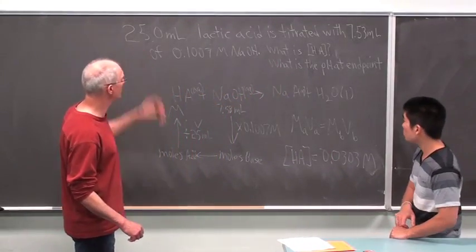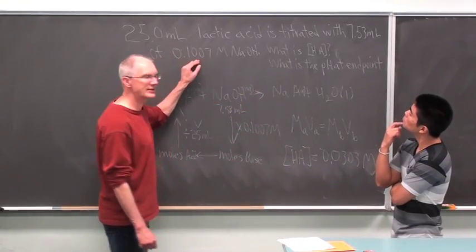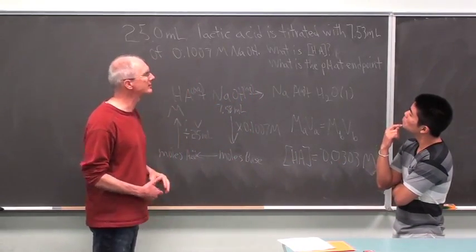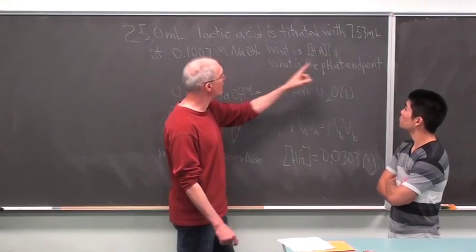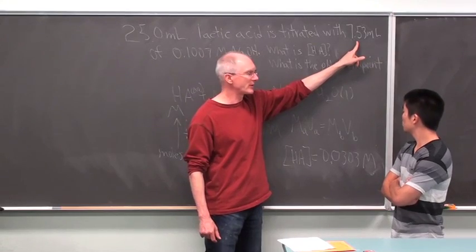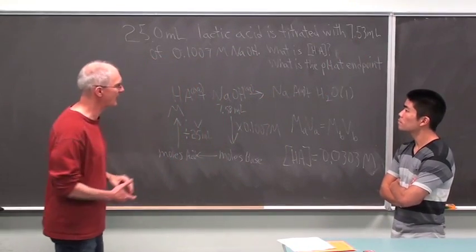That's the original concentration. Does that make sense? This concentration is less than the concentration of the base. Yes, because the base is more concentrated, so we don't have to use as much volume. So that makes sense.